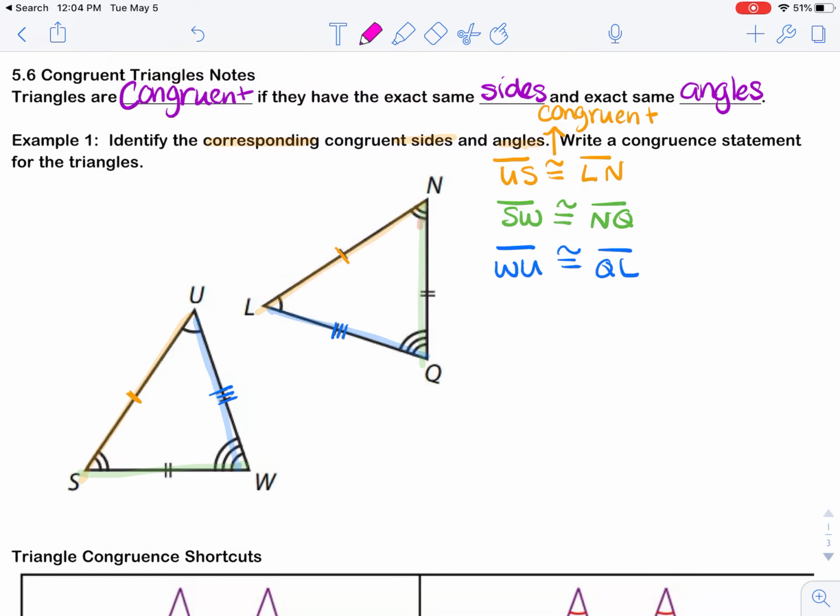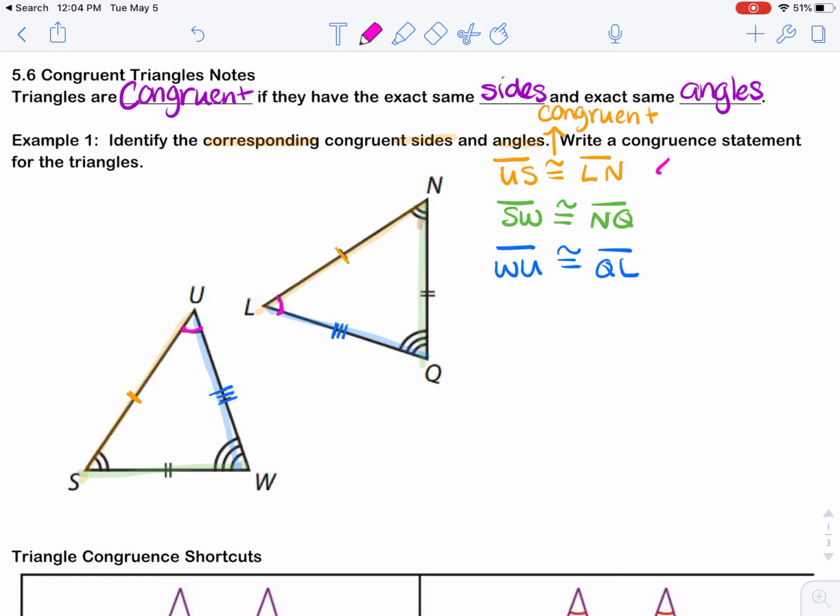So I'm going to move on to angles. If you notice, in each angle in the triangle, there's a different marking. If you look in this one triangle, U has 1 arc and L has 1 arc.